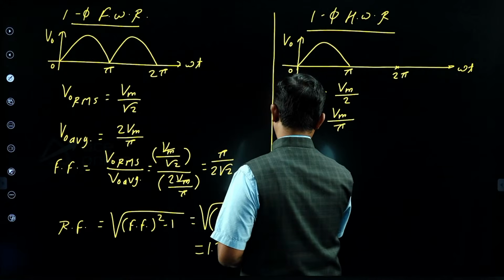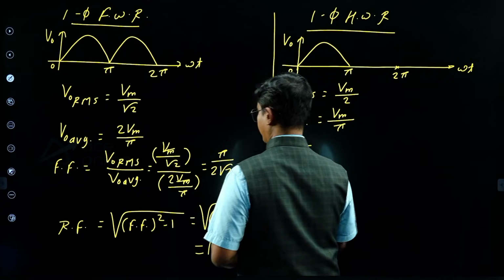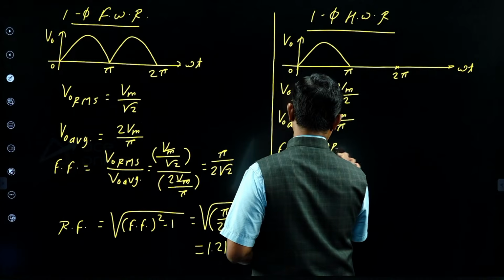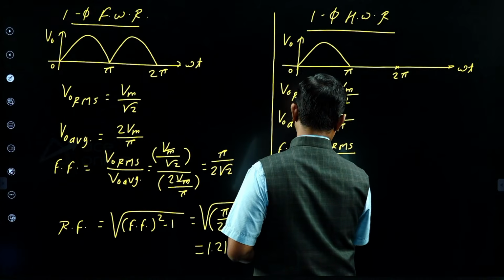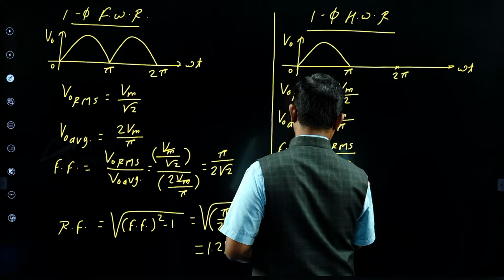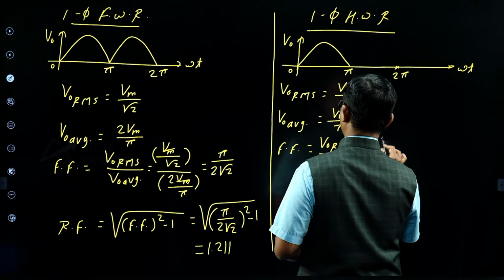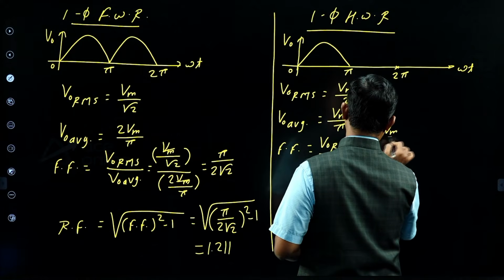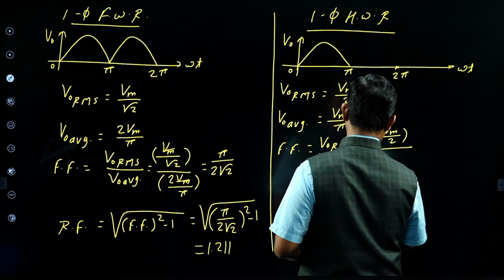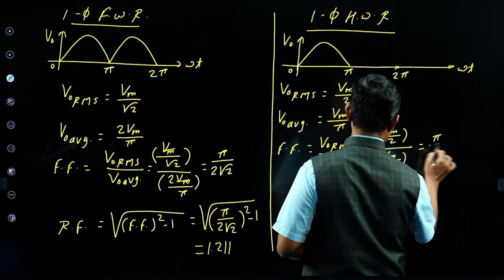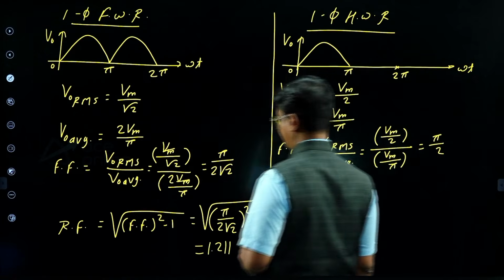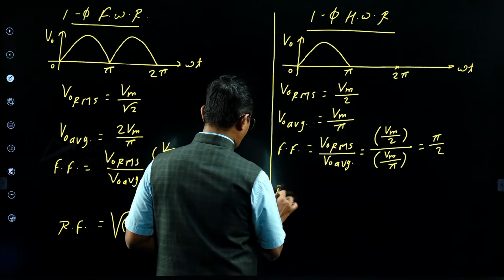And form factor, V0 RMS upon V0 average, it is Vm by 2 upon Vm by pi, so it is equal to pi by 2. Fine. And what is the ripple factor?